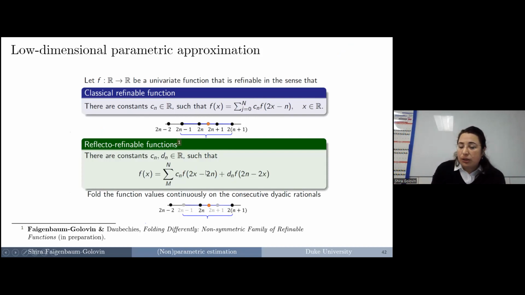We will use all the even points as we used before with 2x minus 2n with some refinable mask again. But instead of using the odd points, we will just use the mirror version of them with the function values in 2n minus 2x with some different coefficients here.